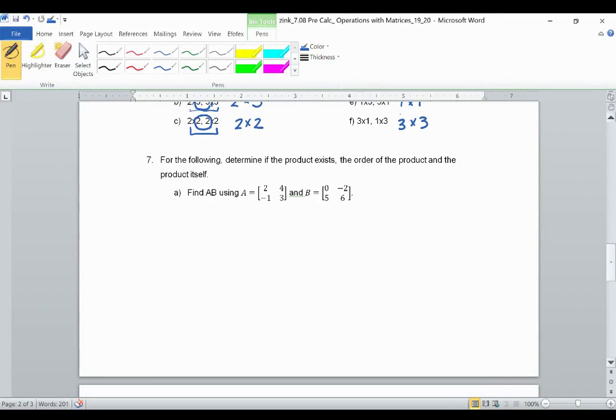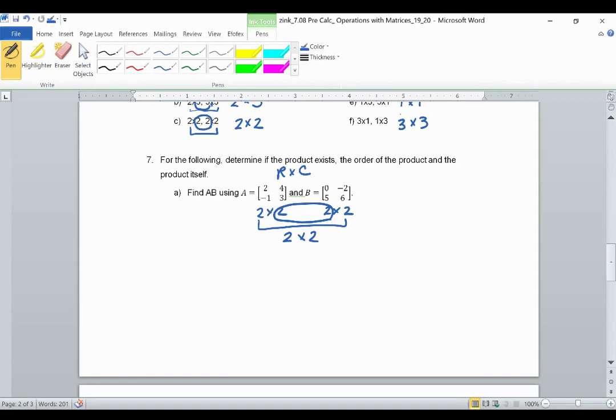So to do that, we need to find the order, which is rows by columns. So the first one is a 2 by 2. The second one is a 2 by 2 as well. So if they're both 2 by 2s, our middle numbers are the same, which means the new product should end up being a 2 by 2.